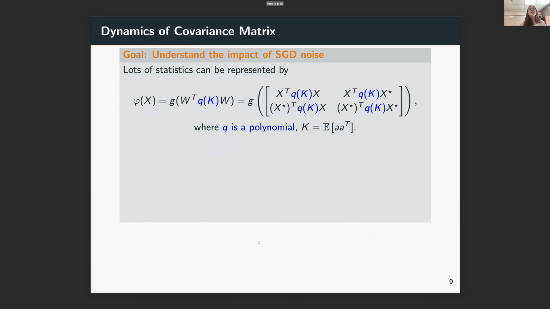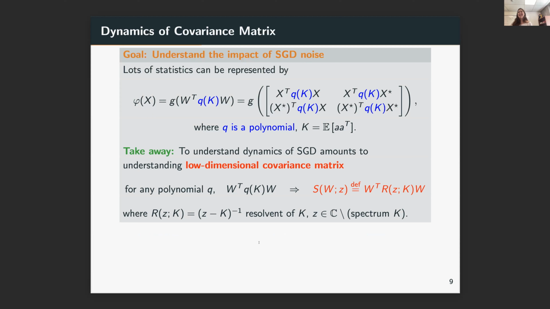Because of this, if we wanted to understand the dynamics of, say, the stochastic gradient algorithm, we don't need to understand directly the dynamics of the statistic we're interested in. It's enough to first figure out the dynamics of W transpose Q K W, that quantity, and then just apply our statistic to it, because we can always write it in that form.